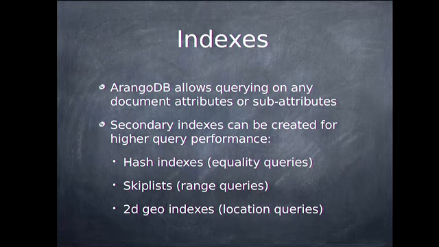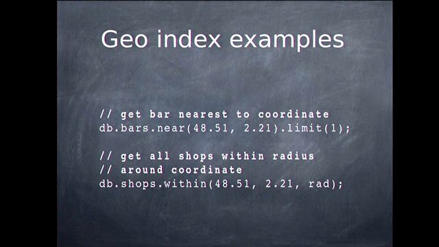And an example for the GeoIndex query usage is like this. Imagine you have a collection named bars with several types and names of bars in them with geo coordinates. And if you want to look up all the bars in a certain area or around a certain point of interest, you can specify a query like this.